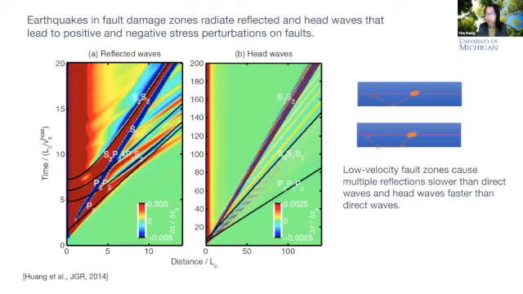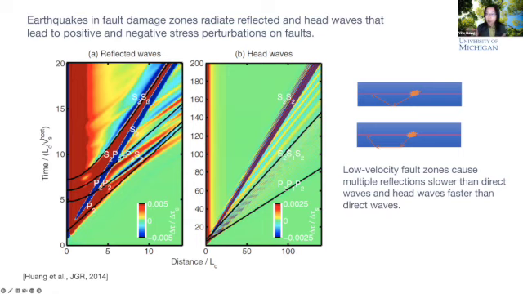We have also done some synthetic analysis to understand the wave phases inside this low velocity structure based on an elastic approximation. Here we just put a point source inside this fault damage zone, like a low velocity structure, and record the stress perturbations on the fault. You can see that within a short distance, there are PP, SP plus PS, and also SS reflections.